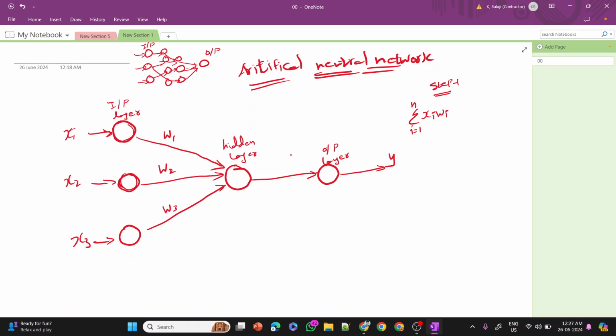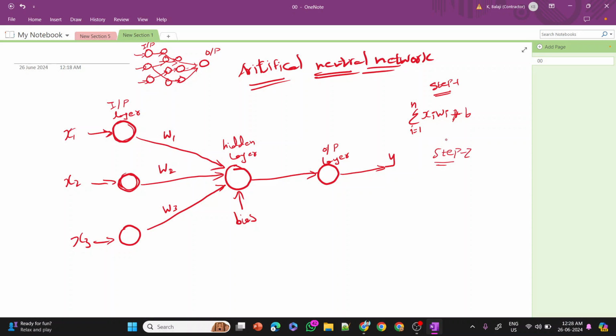The hidden layer first sums these inputs, and with this there will be another value called bias. We can see this bias later. Like this it will be added.